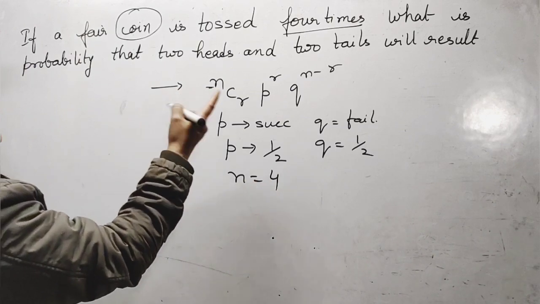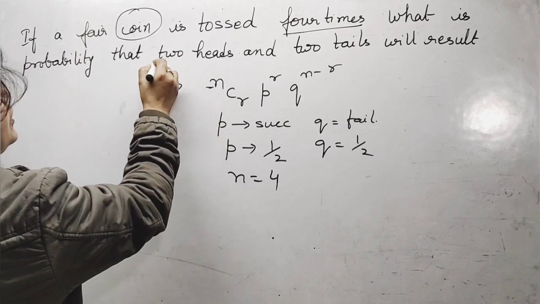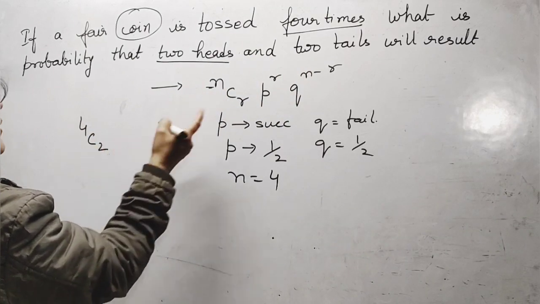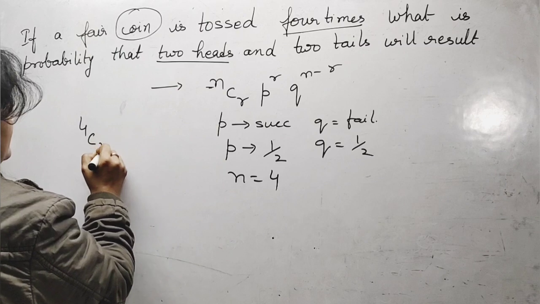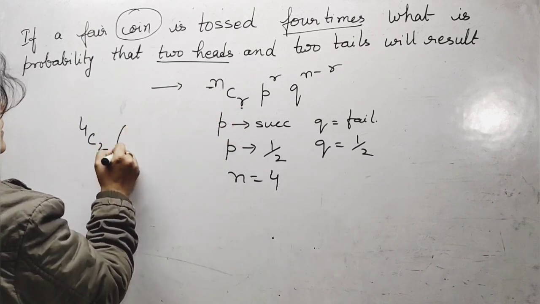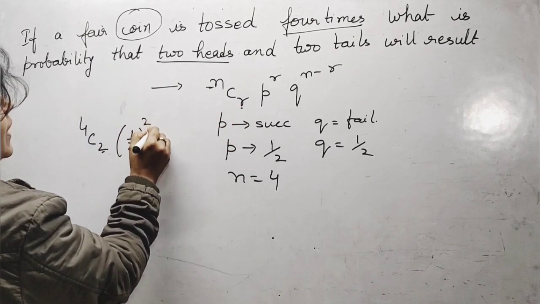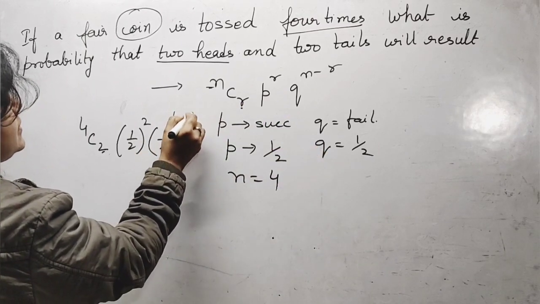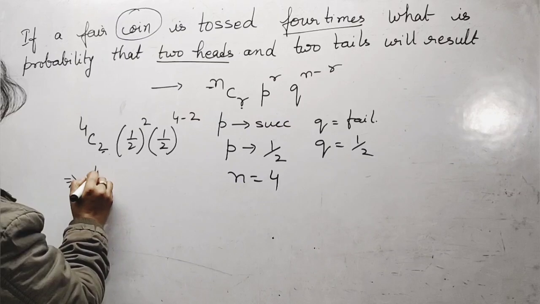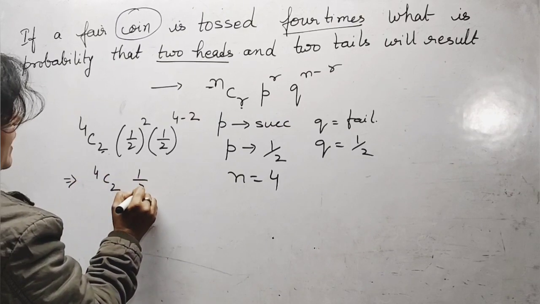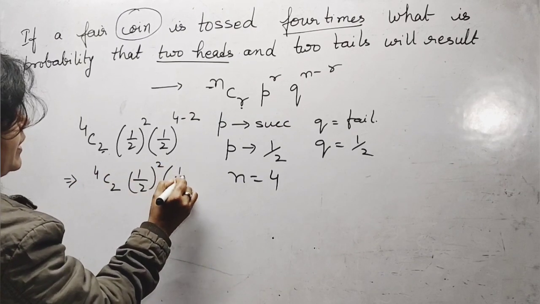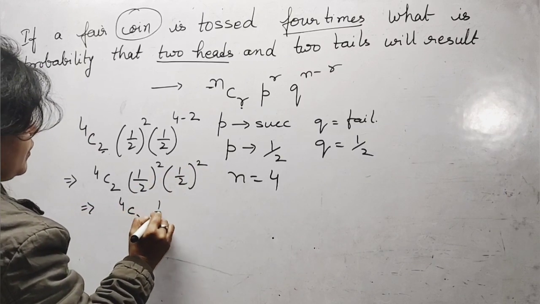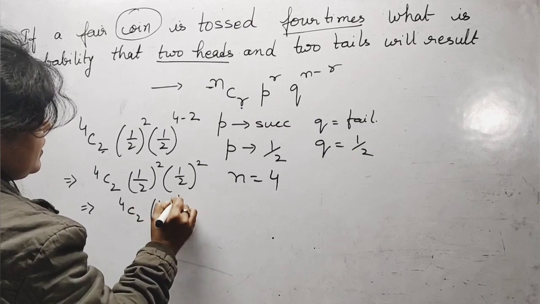There are 2 heads and 2 tails, that means 4C2, and p is the success, and we put the value of r, that is (1 by 2) to the power 2, and similarly for the tail we have (1 by 2) to the power 4 minus 2. Ultimately we have 4C2 (1 by 2)^2 (1 by 2)^2, so we get 4C2 into 1 by 2 to the power 4.